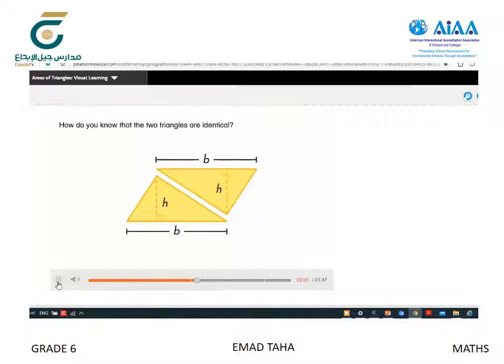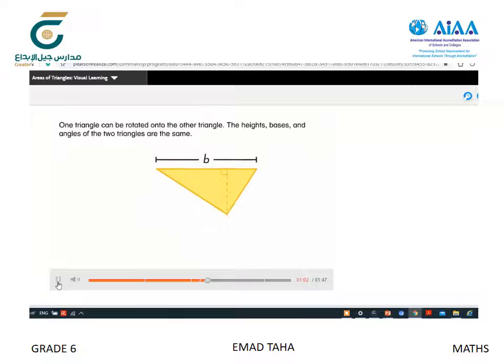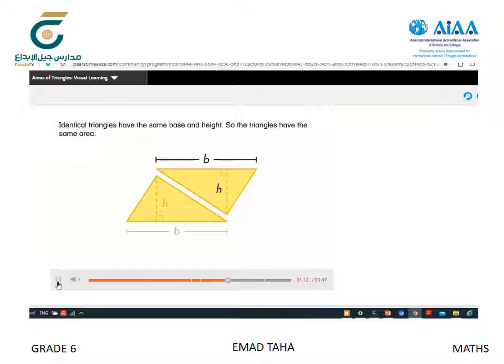How do you know that the two triangles are identical? One triangle can be rotated onto the other triangle. The heights, bases, and angles of the two triangles are the same. Identical triangles have the same base and height, so the triangles have the same area.